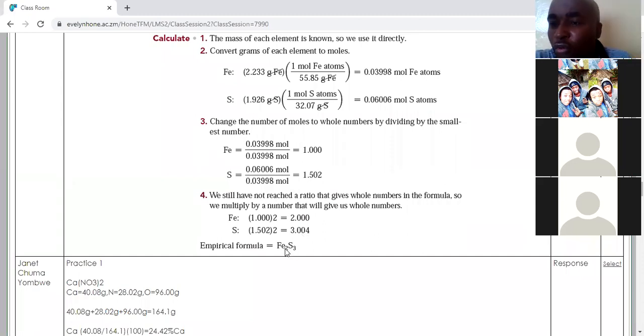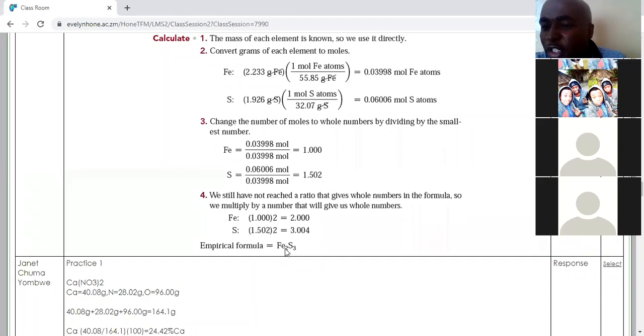Then if you go to 4, 1 divided by 4 is 0.25. So if one of them is a whole number, then the other one ends with 0.25, then you multiply everything by 4. 1 divided by 5 is 0.2.